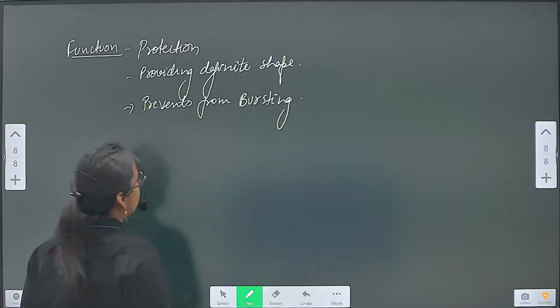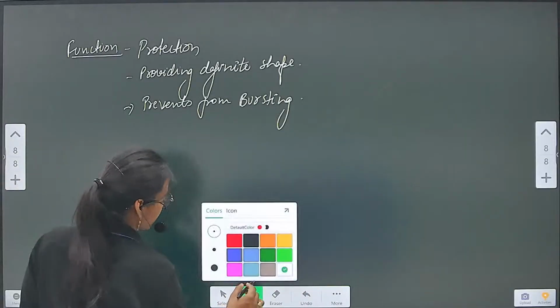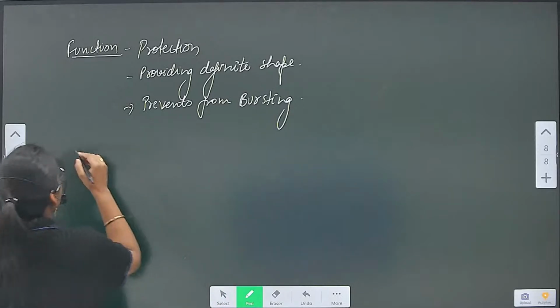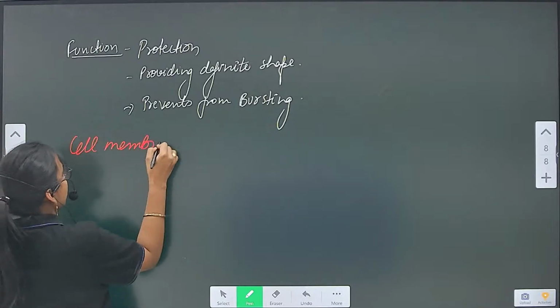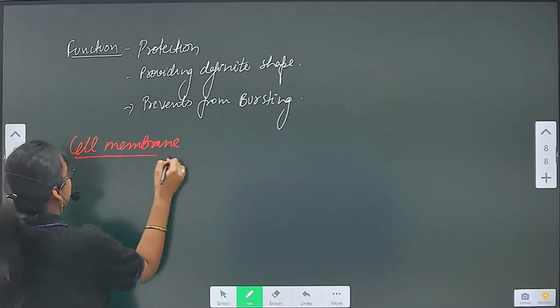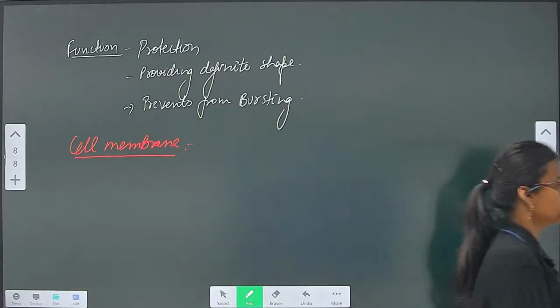Is that clear? That's all about the function of cell wall. Next I am going to start with the cell membrane. Yeah, so be ready for the cell membrane, which is the second structure.